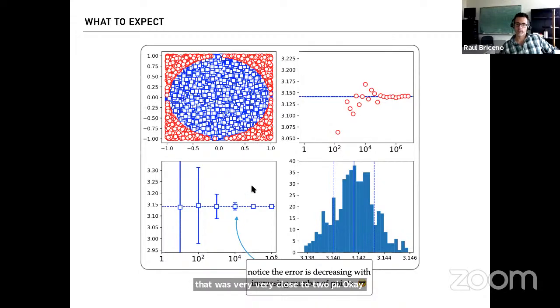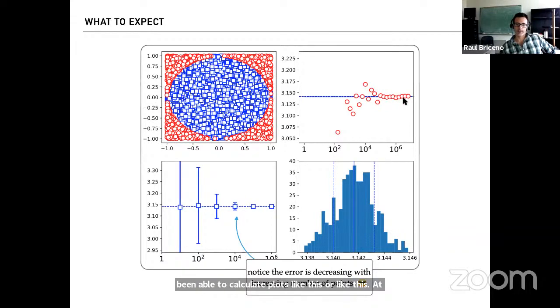We also challenged you to calculate the error associated with that and a distribution for some large number. Have people been able to calculate plots like this, at least?